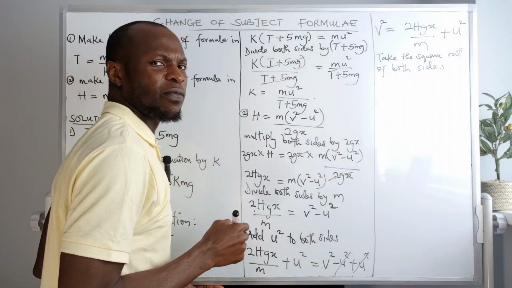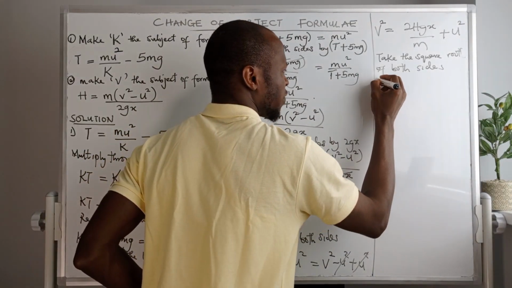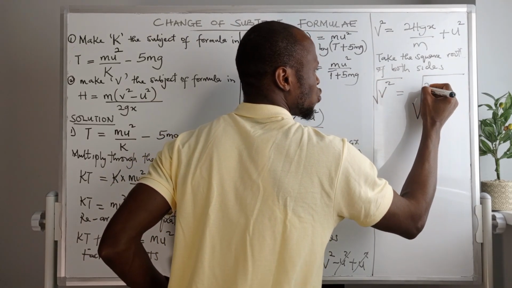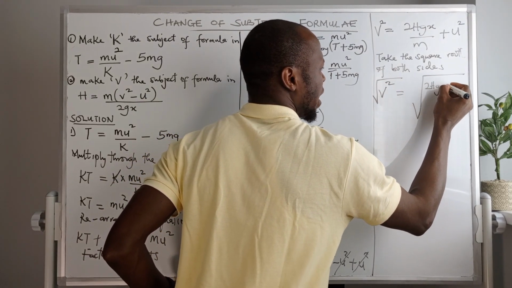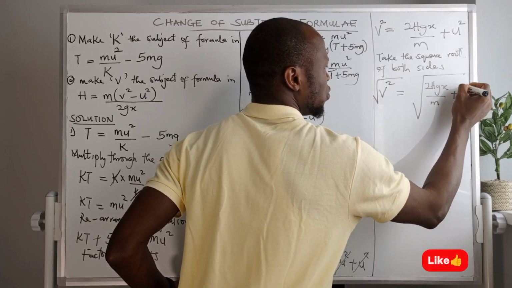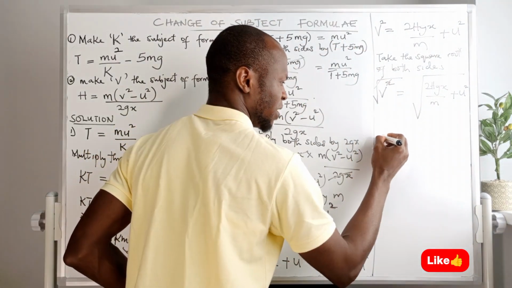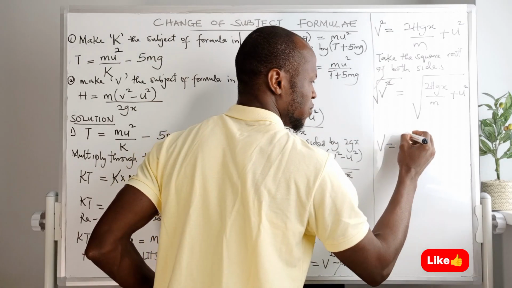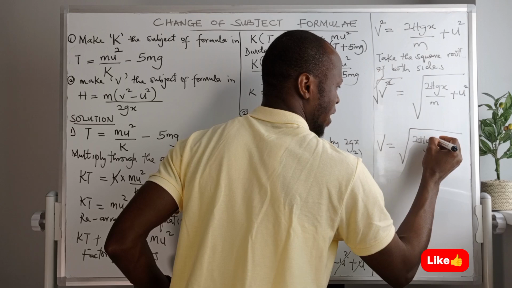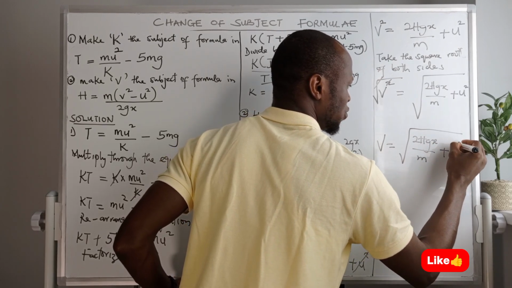If I take the square root of both sides, I have the square root of my phi squared equals the square root of 2hgx over m plus u squared. So this square will cancel this square root. So I have my phi equals the square root of 2hgx over m plus u squared.